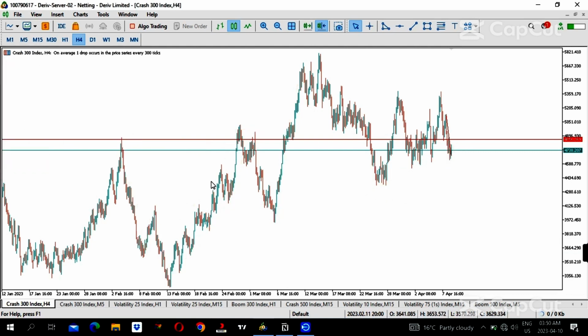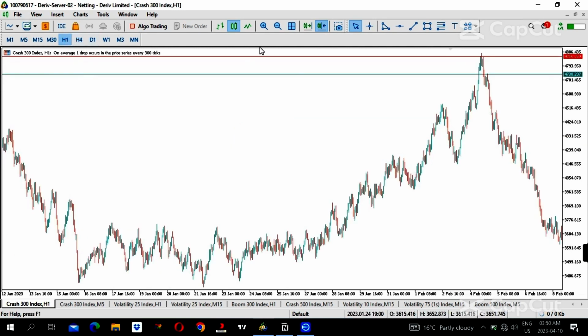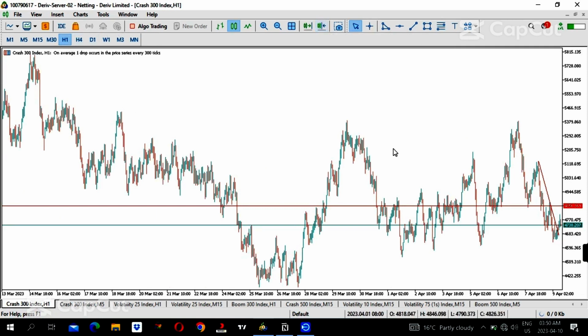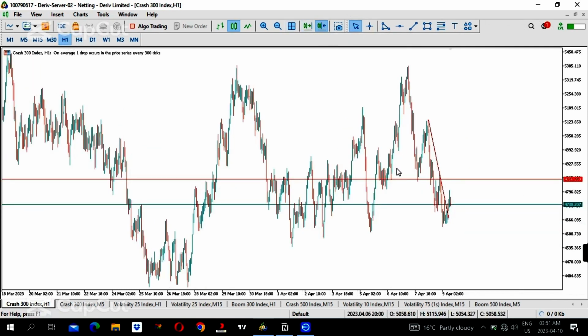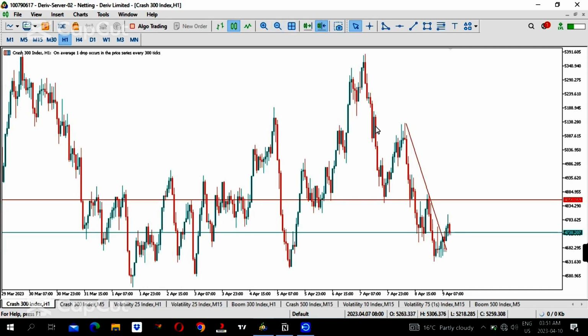Then generally when I drop down to my H1, since on the H4 I've already determined the trend I'm going to be looking for, the lower time frame just shows me the current sentiment. Right now I can see that the sentiment is overall down.